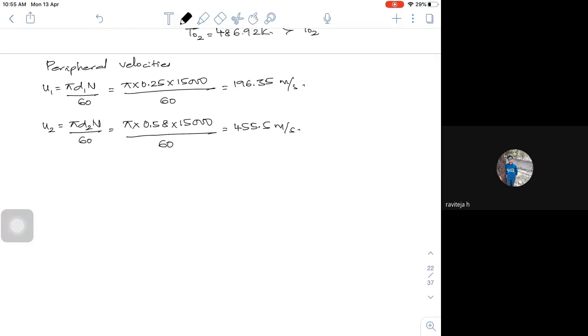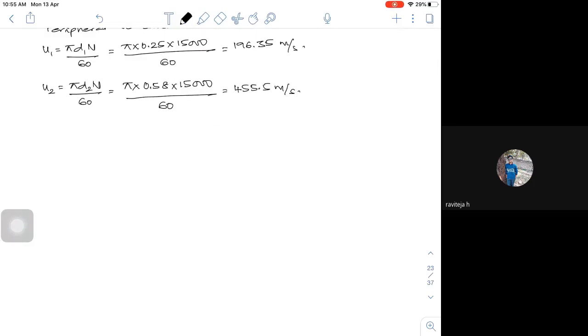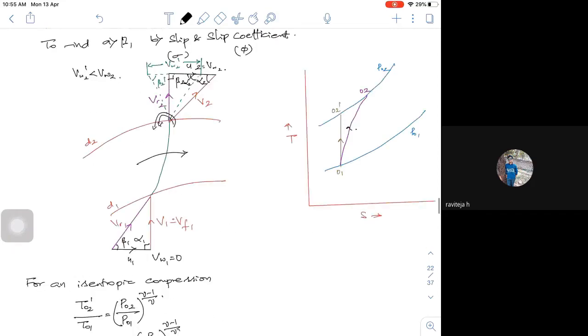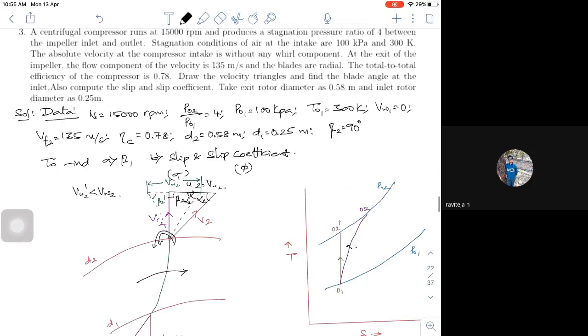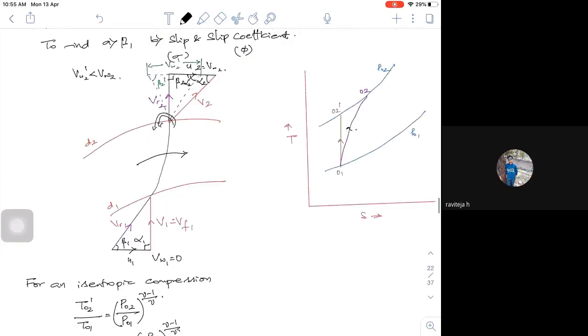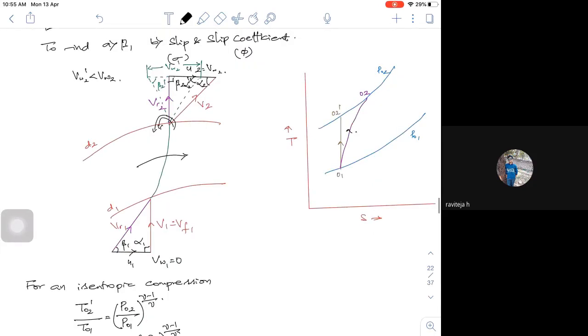Okay. Now, already we have seen the inlet velocity triangle remains the same. So from the inlet velocity triangle, tan beta 1 is equal to your corresponding Vf1 by U1. So what is the value of Vf1? The flow component velocities remain the same. So Vf1 and Vf2 both are the same. So it is 135 meters per second.